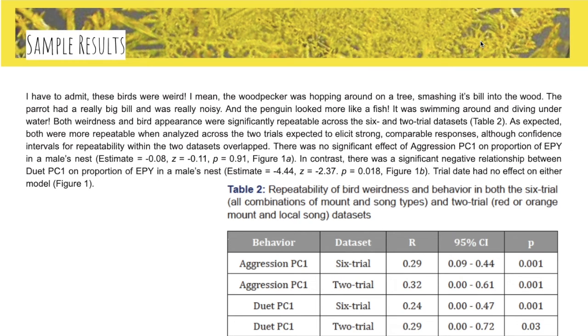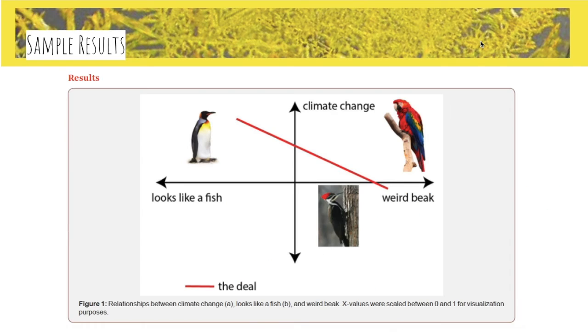Now they're starting to get into their quantitative, numerical data, and they've provided some statistics to support what they are saying. Then they refer back to figure 1. Now I want you also to recognize that the data in table 2 is different to the data represented in figure 1.